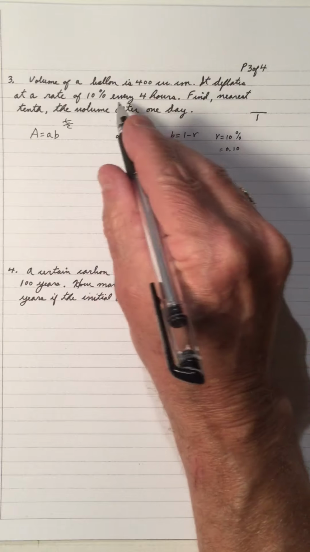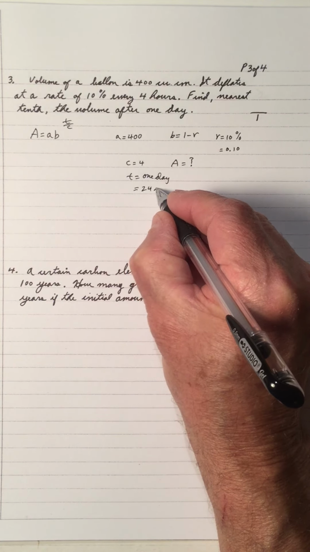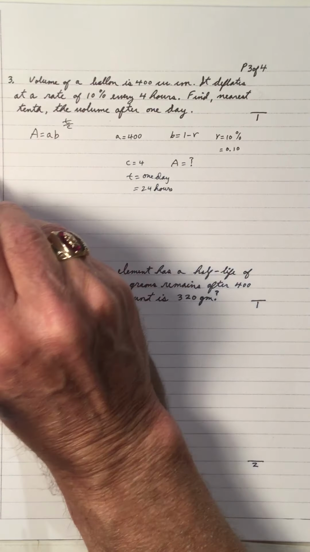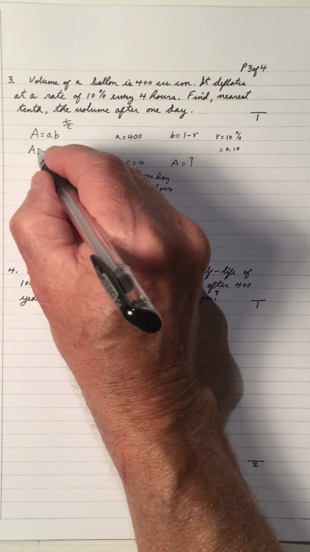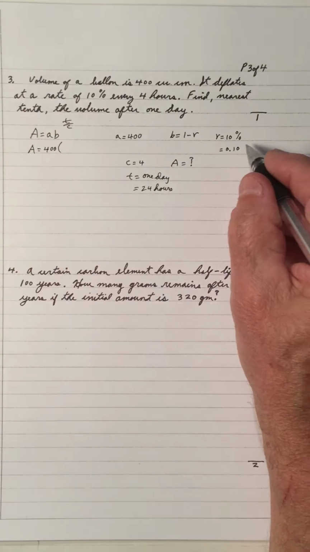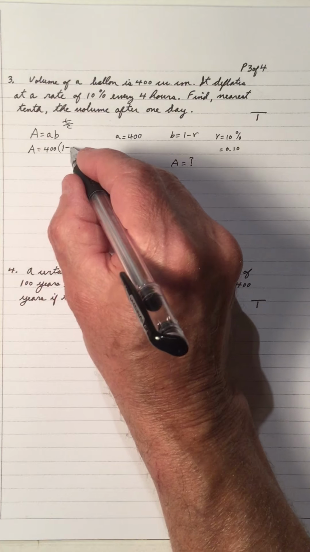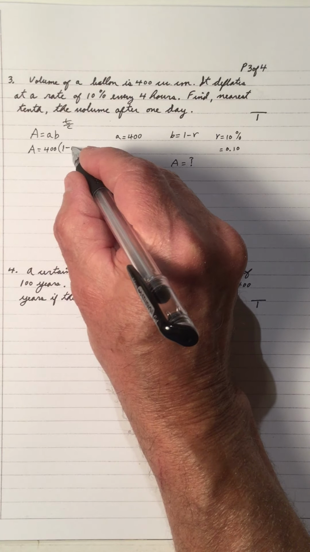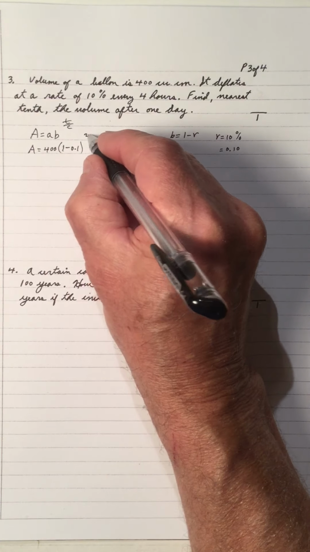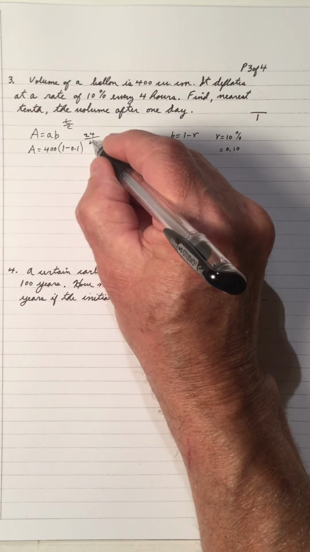But notice we have 4 hours, so 1 day is equivalent to 24 hours to make it equivalent. So we're looking for the large A, and we have a 400, and we have 1 minus the rate, so it's 1 minus 0.1, and the time is 24 hours divided by the increment change of 4.